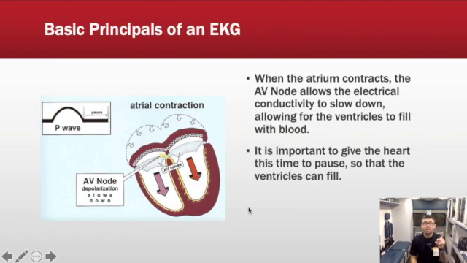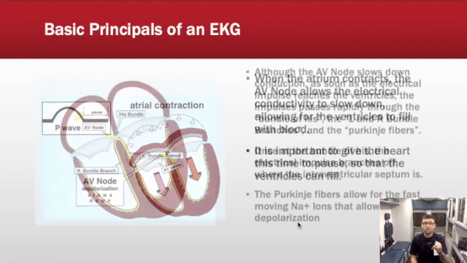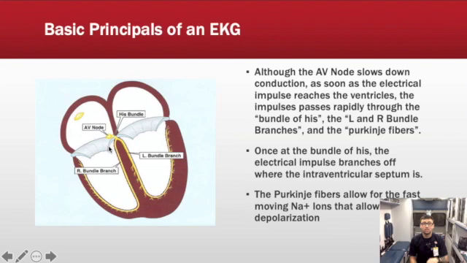So again, the SA node fires, the AV node slows it down, and as it passes through, it's sending it through the bundle of His, the left and right bundle branches, and Purkinje fibers. Okay, so I know this is a lot, but it's SA node, AV node, bundle of His, left and right bundle branches, and Purkinje fibers.